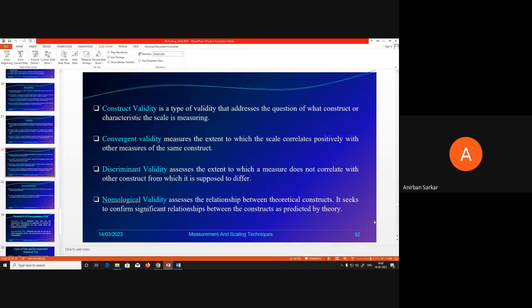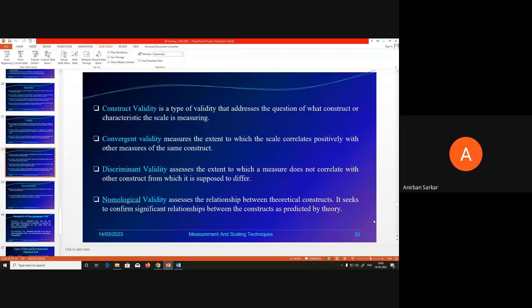Say a man who is a very rough and tough man. If he smokes, he will be opting for Marlboro. So Marlboro is a brand which actually correlates with the self-concept of that particular human being. So this is called nomological validity.